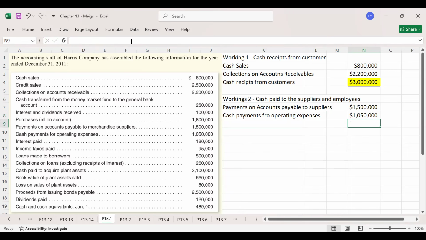By adding both of these, we get cash paid to the suppliers and employees, because salary is not separately mentioned here, the payment related to salaries. This means that the payment of salaries must be in operating expenses.